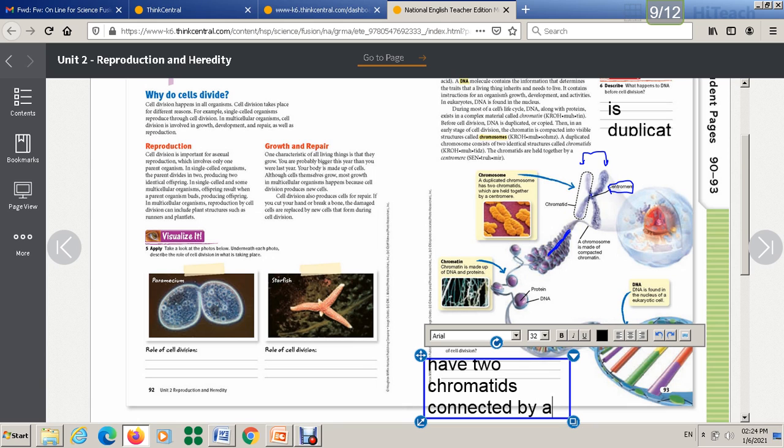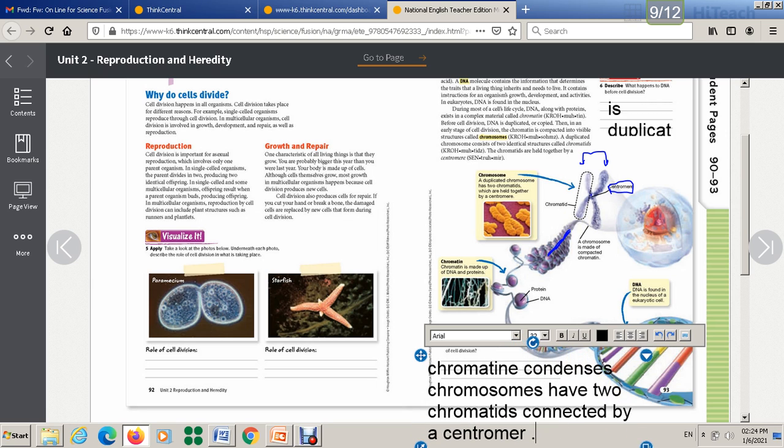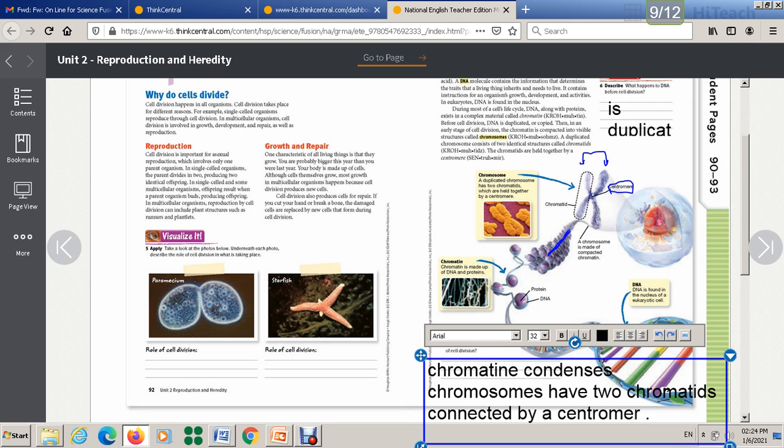By a centromere. I hope this is clear for you. I wanted to differentiate between these two terms because they are new for you, and they will become familiar when you start talking about cell division in more detail. Okay, I'm going to show you another figure.